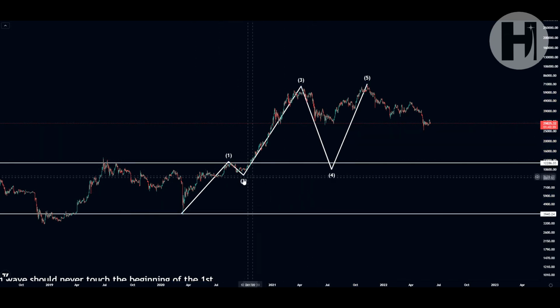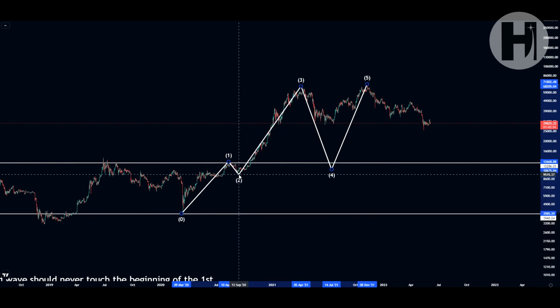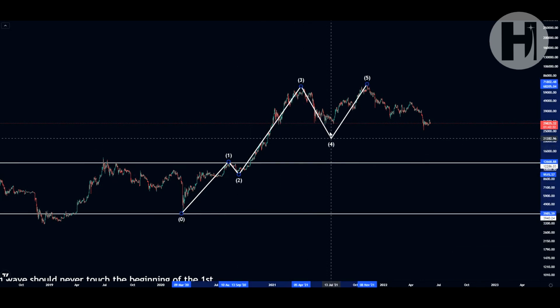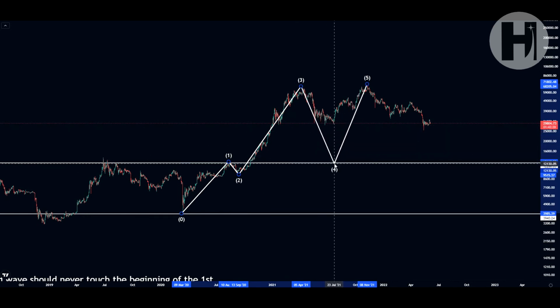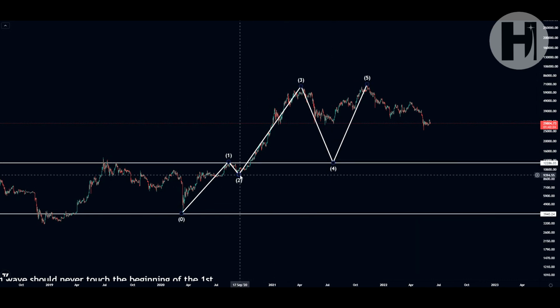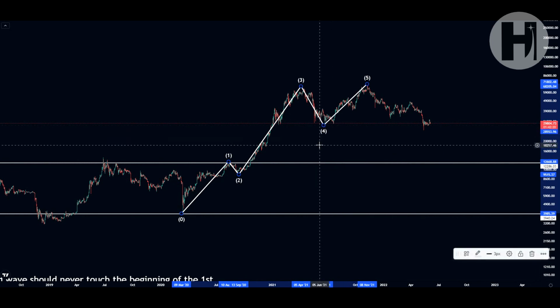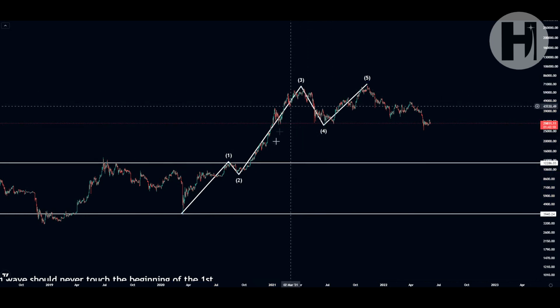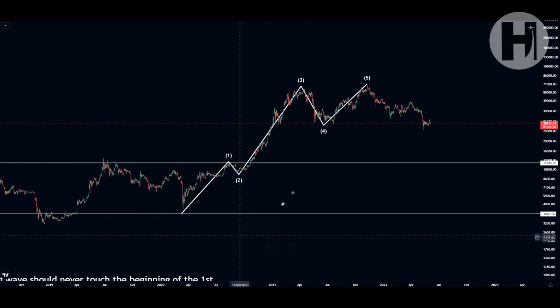The second wave should not go below the low of the first wave, and the fourth wave should not go lower than the high of the first wave. If you bounce from the exact same level, that is still okay, but it should not go lower. And usually it is higher because the wave 3 move is very, very strong.